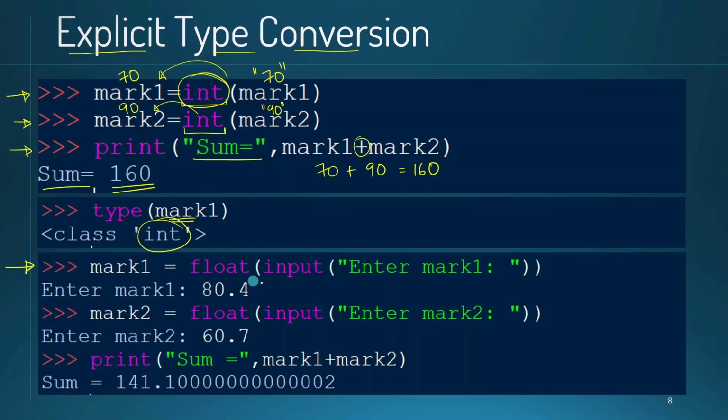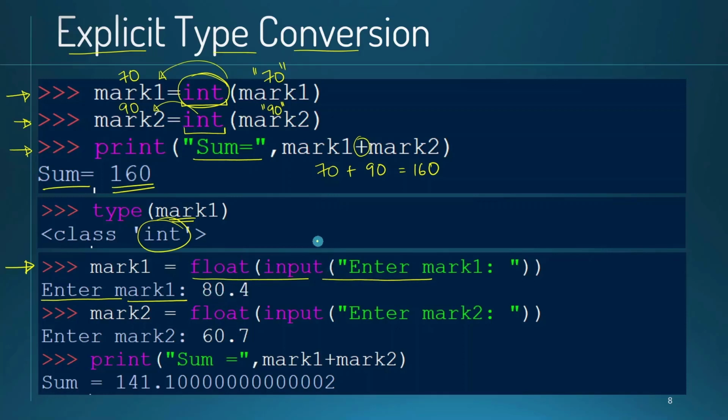You see this statement. My aim is to store a floating point number 80.4 into mark 1. Now you see what I have done here, right? I have used the input function to print enter mark 1, so that will be printed, and after that the input function is waiting for the user to make an entry. So now the user will type 80.4.